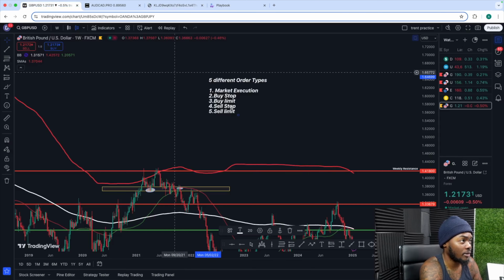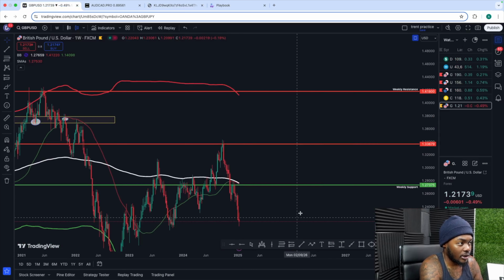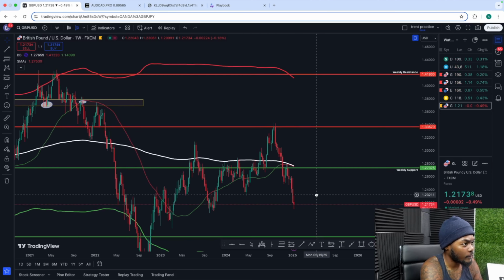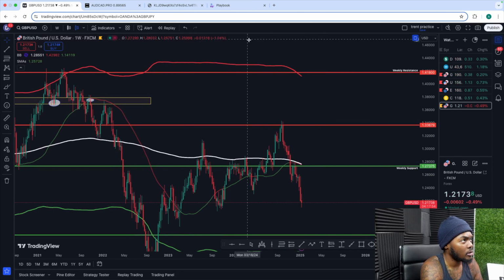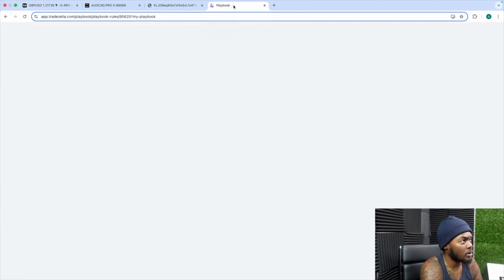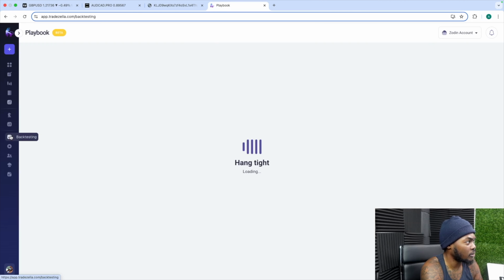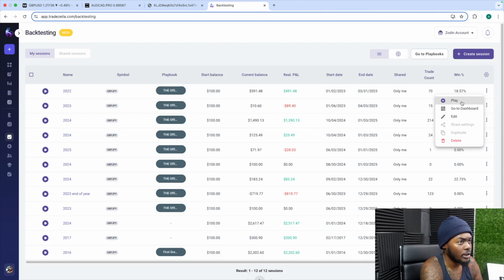So let's talk about a buy stop first. And let's see here. A buy stop or sell stop, which one should I do? Actually, let's go into TradeZilla. Let's go to our backtesting feature and let's go to play.